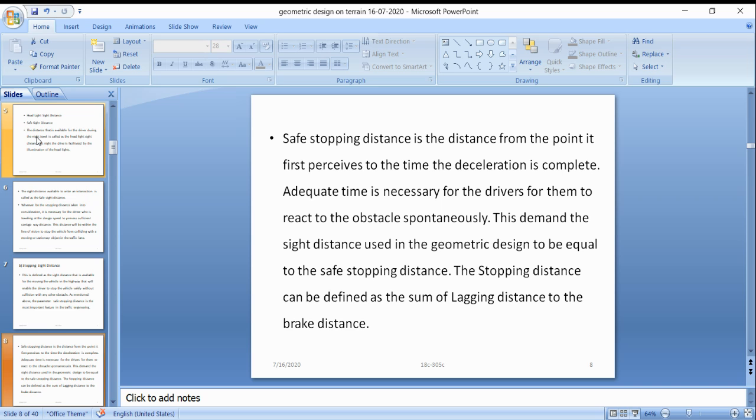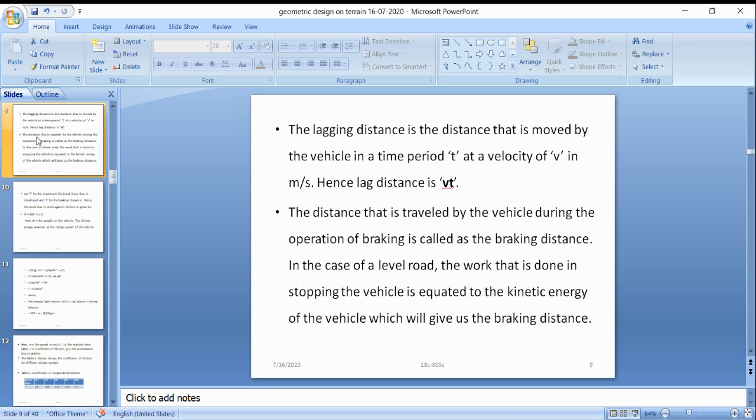The stopping distance can be defined as the sum of the lag distance and the braking distance. I mean to say, the lag distance: the driver should react, and the reaction will take some seconds. Those seconds are to be considered in the design, so that the vehicle can stop safely.